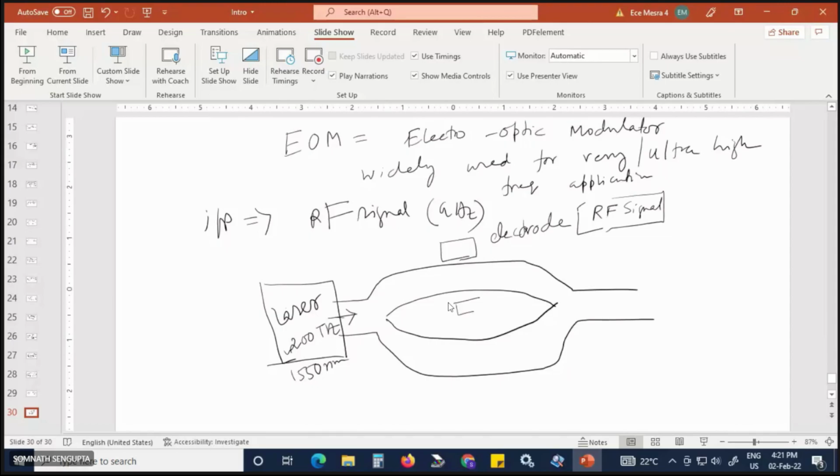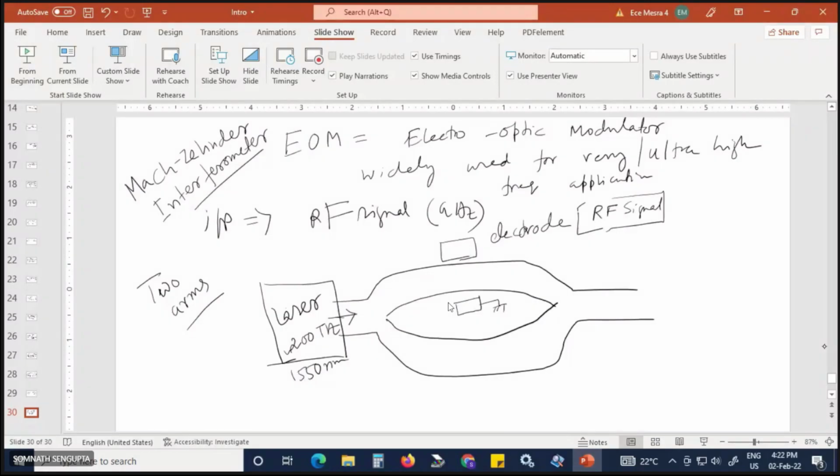So this is grounded. There are two arms, and it is called MZI, Mach-Zehnder modulators or Mach-Zehnder interferometers. So there are two arms in this Mach-Zehnder interferometer.